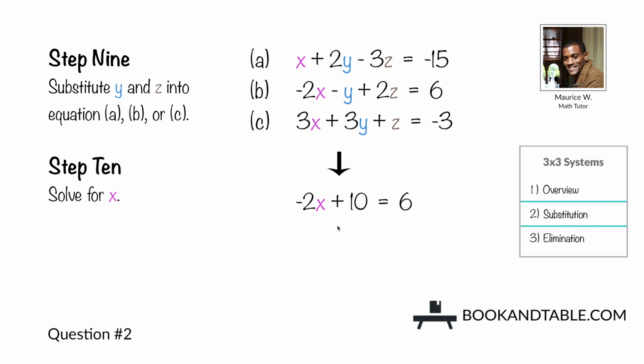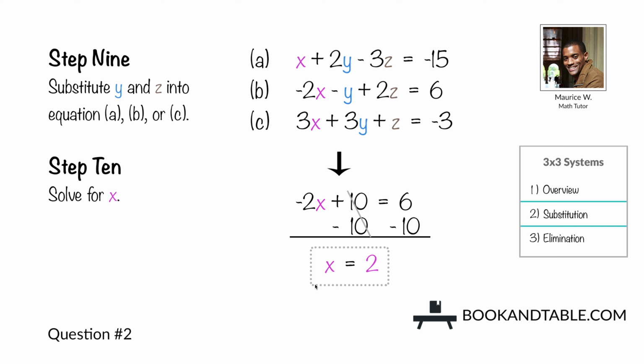And now we subtract 10 from both sides, giving us -2x is equal to 6 minus 10, which is -4. And to cancel this -2, we divide both sides by -2, giving us x is equal to -4 divided by -2, which would be +2. So we get x is equal to +2 again.